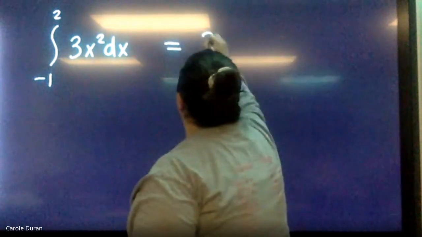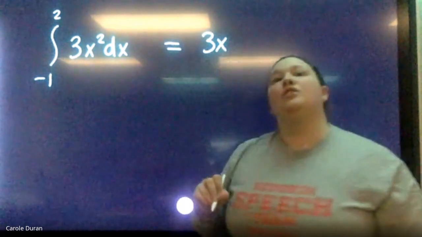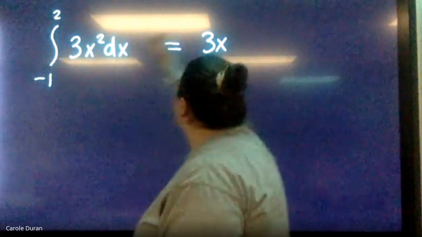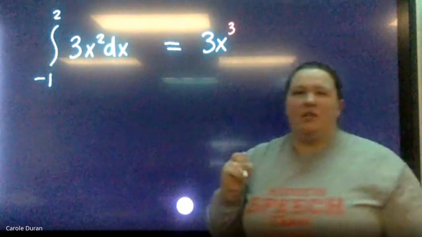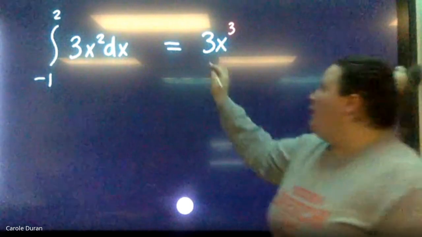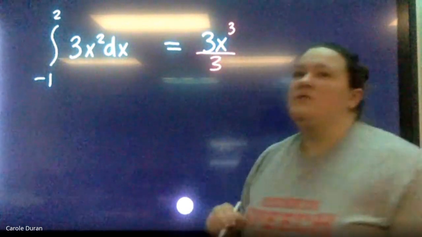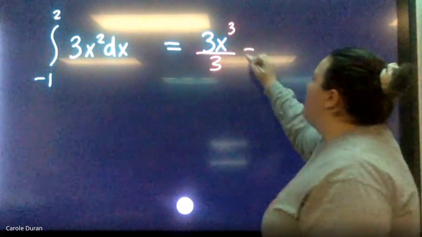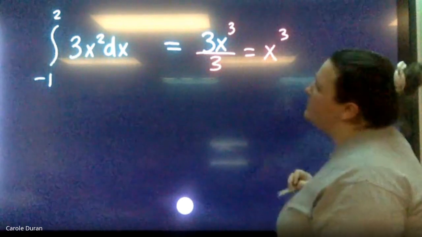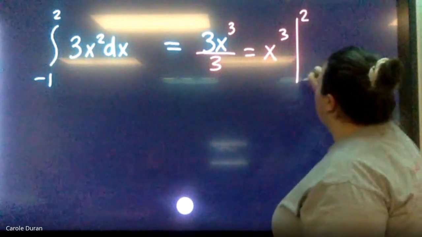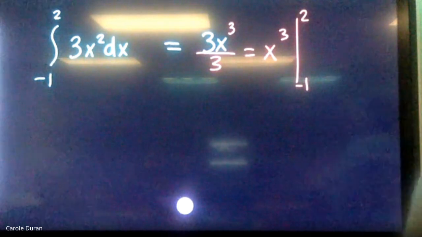What happens to my exponent when I take the antiderivative? It increases by 1, so that 2 becomes a 3. And then what do I have to do with that new exponent? Divide it out. So when I simplify this, I get that my original function was x cubed, and I need to solve that at 2 and -1 to find the area under this curve.